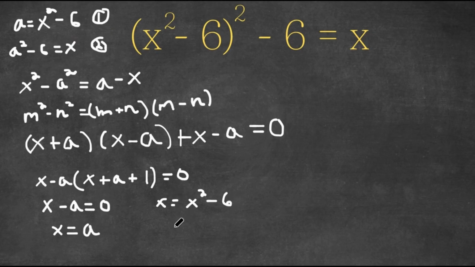And if we subtract by x on both sides, we get 0 is equal to x squared minus x minus 6.